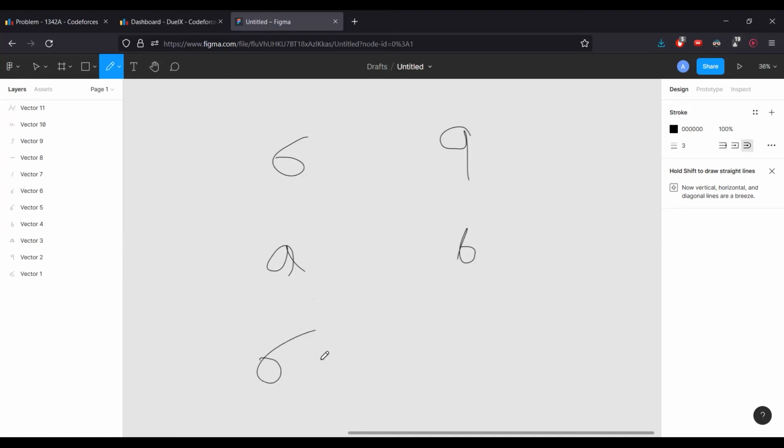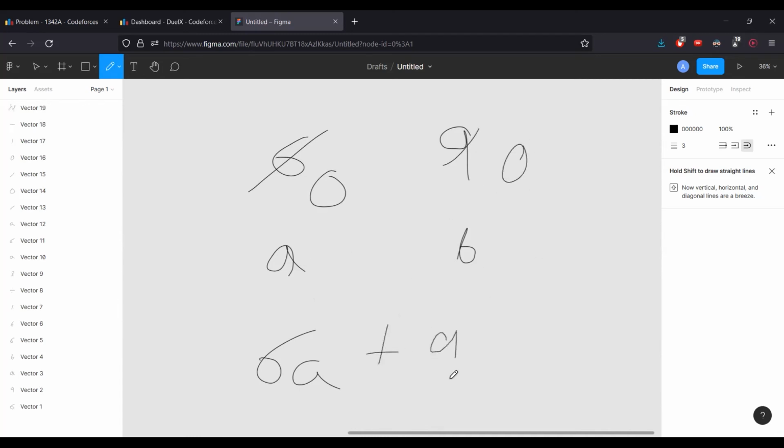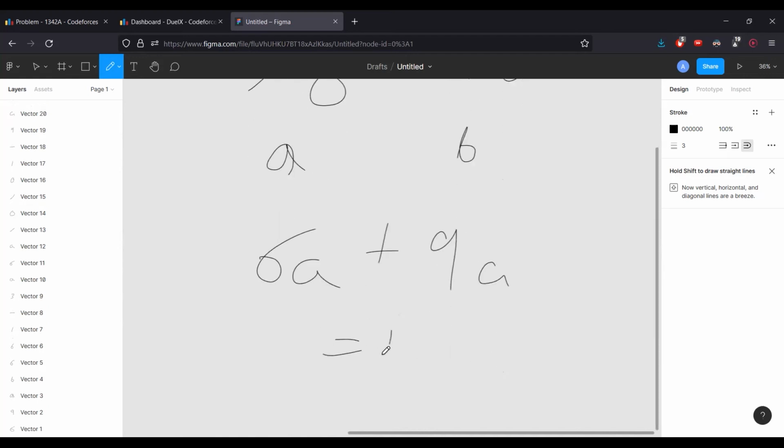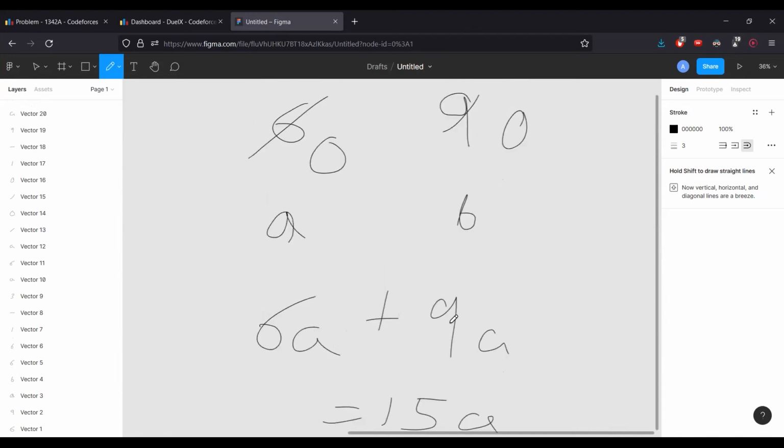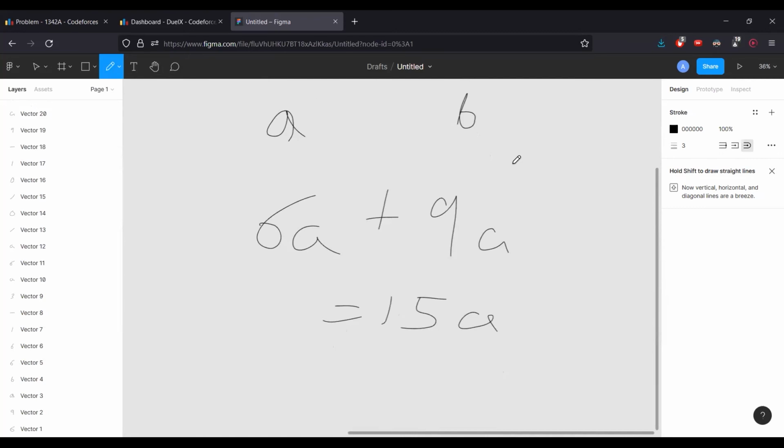That would require $6A to decrease one number 6 times. So this would become 0. Then I could decrease this one 9 times to make this 0. And that would require $9A, which would be equal to $15A in total. So you see, if I pay $15A, this would become 0, 0 as well. So there are two solutions to this.